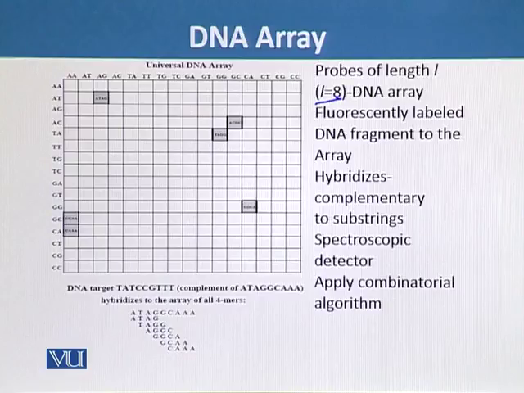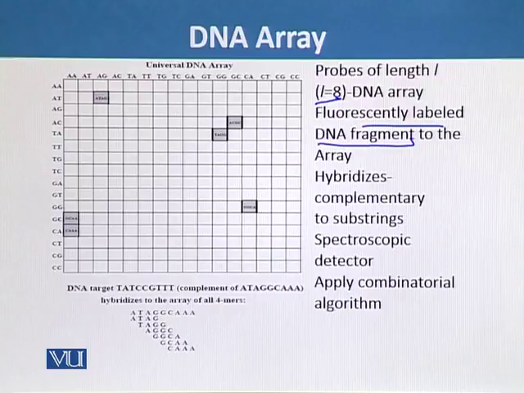Then we apply a solution containing fluorescently labeled DNA fragments to the array. We make some modifications to the DNA fragment, adding fluorescently labeled dyes so that we can detect the binding of the DNA with the probes.